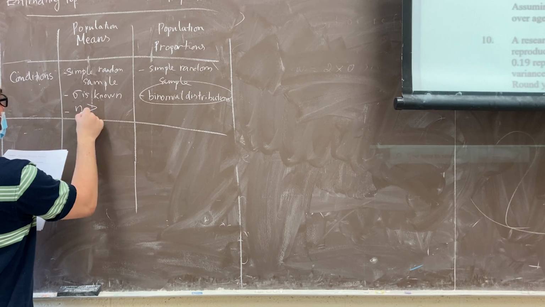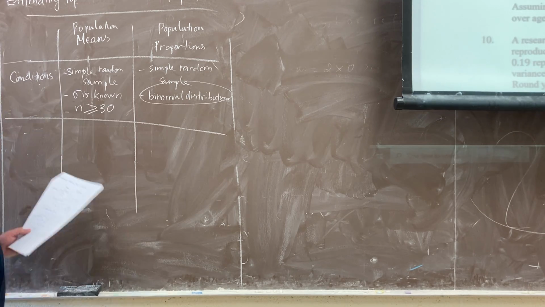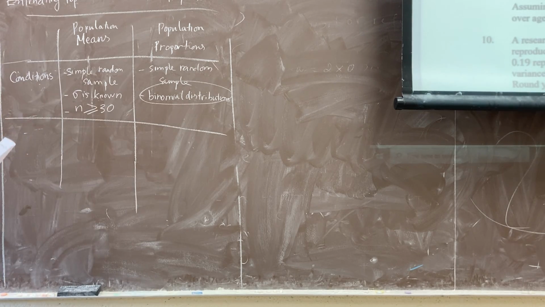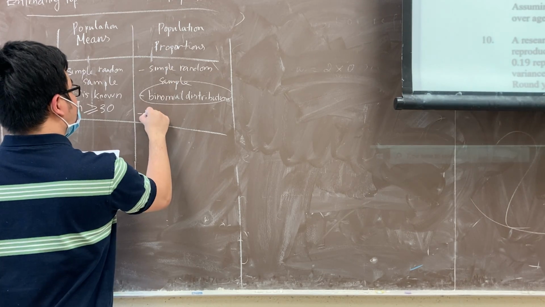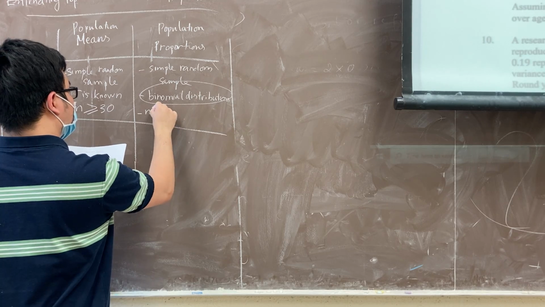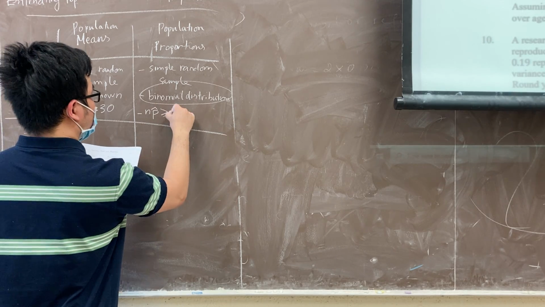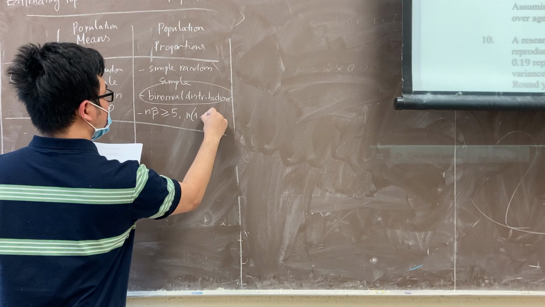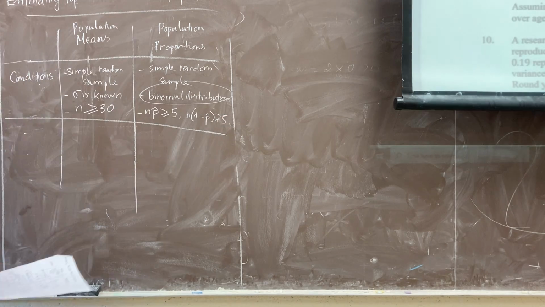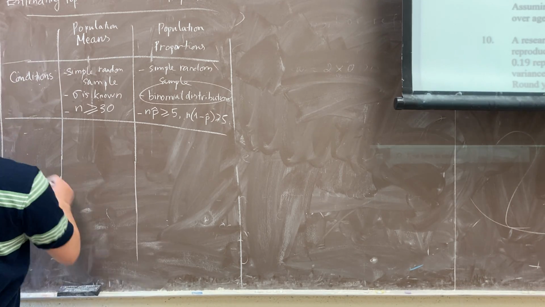And the sample size must be greater than or equal to 30, at least 30. When you do the exam, maybe you don't need to check this condition, but when you do the homework, you need to check this condition. Okay, that is the condition.